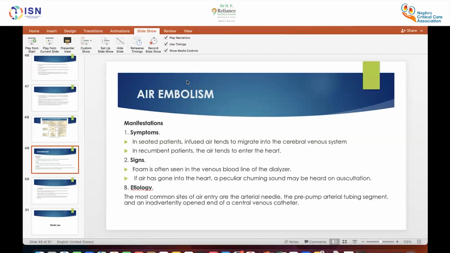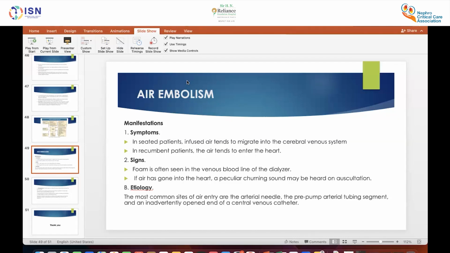When you trap the air in that position, you have to give high flow oxygen, with the very high flow mask that you use during hypoxia itself. You can deliver a high amount of oxygen, and gradually the air in the apex of the right ventricle gets absorbed.